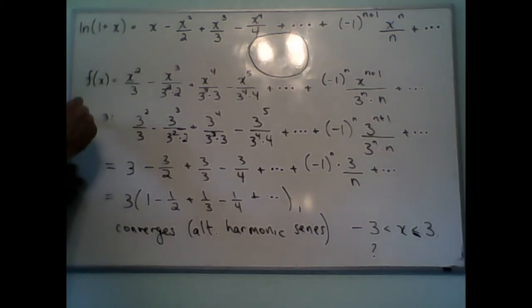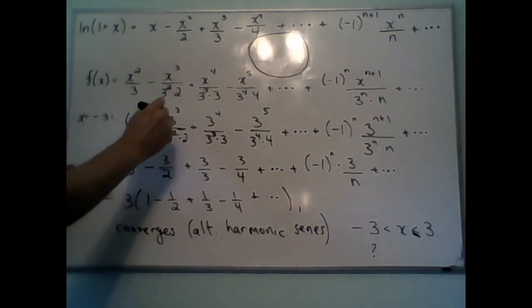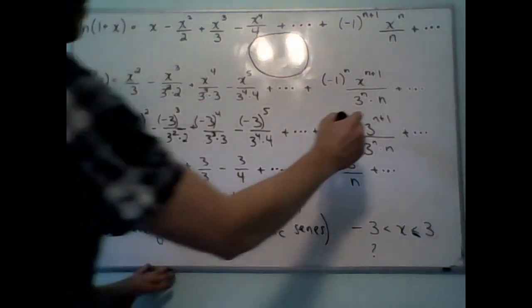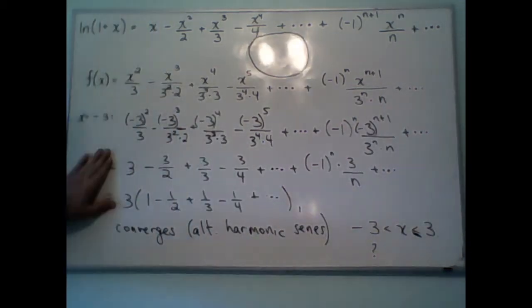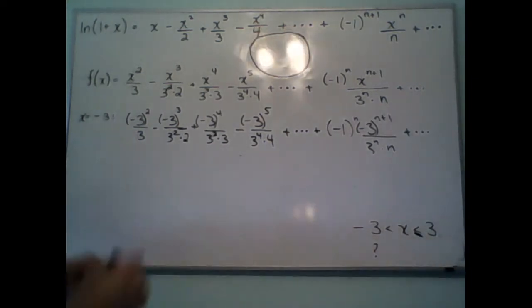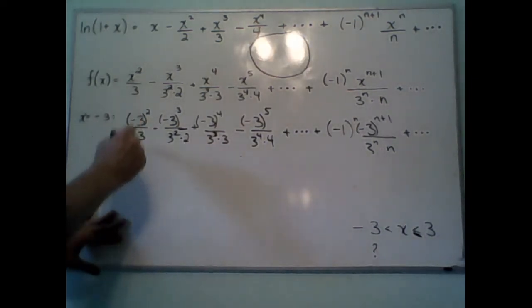Cheating a little bit, if I plug in -3, it's going to be -3 squared minus -3 cubed plus -3 to the 4th minus -3 to the 5th plus, plus -1 to the n times -3 to the n plus 1. Which equals, okay, this is going to be just a positive now, 3 squared over 3.